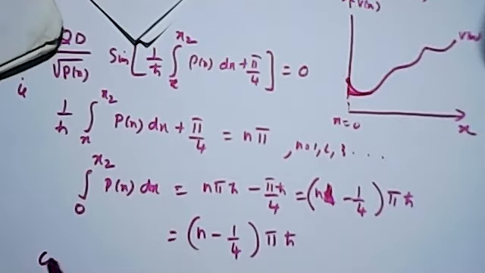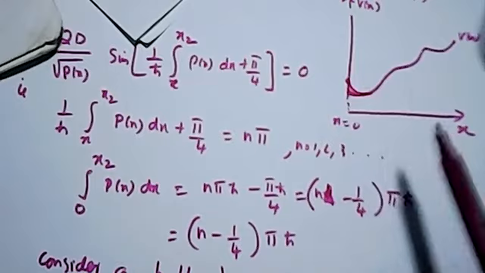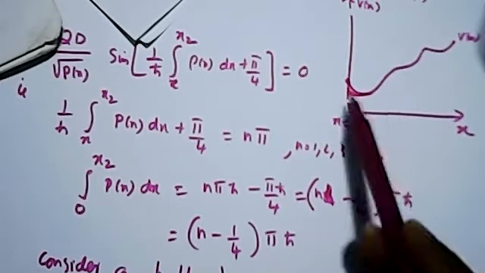So consider half of a harmonic oscillator. Then the right side of the curve will be a smooth parabola. The left side is vertical, and the right side is a smooth parabola.